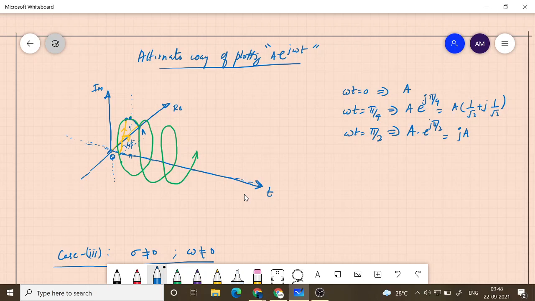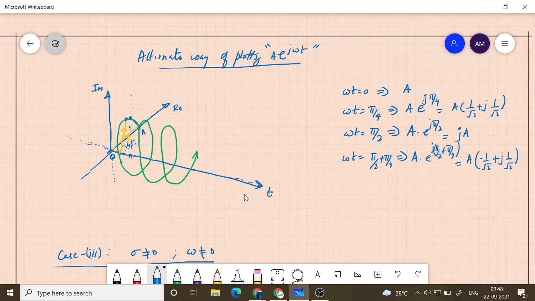So omega t is equal to pi by 2 plus pi by 4. Again it will become e raised to j(pi by 2 plus pi by 4). So the real part is going to become minus 1 by root 2, and the imaginary part is 1 j by root 2.